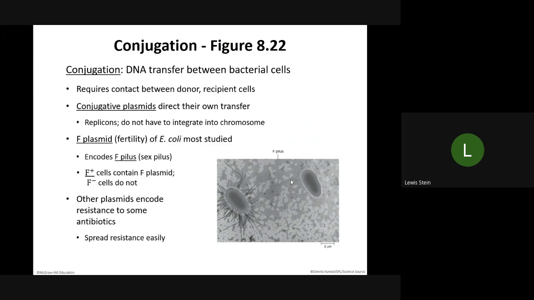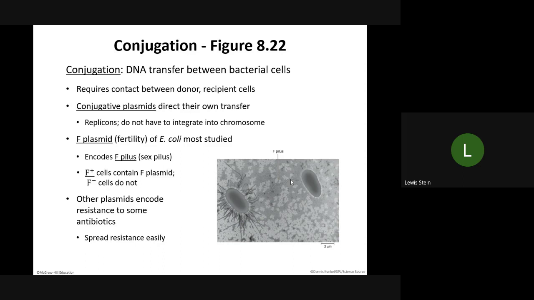So, the F plasmid. If it has a plasmid, we call it F positive. The F plasmid really has two features that require its identification. One, the ability to make the pilus, the F pilus, and two, the genetic ability to accomplish the transfer.